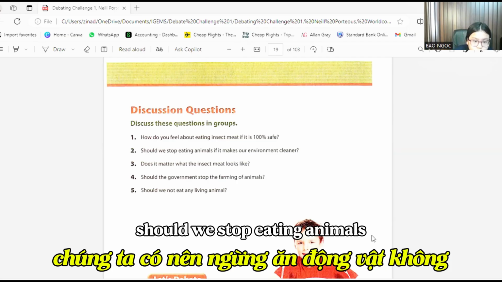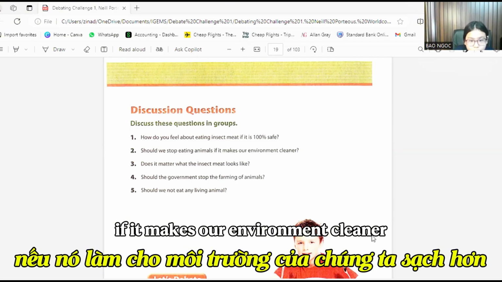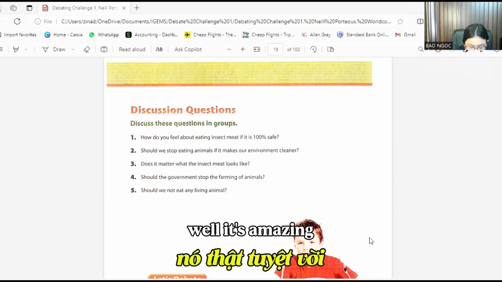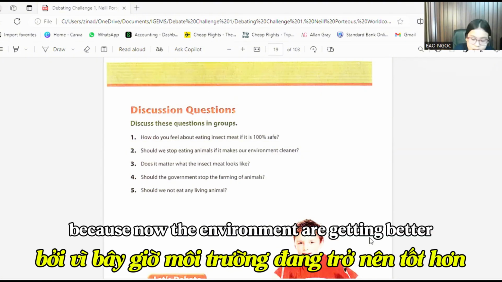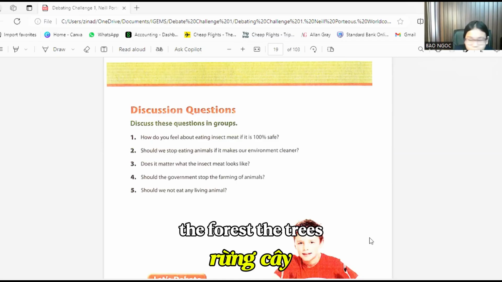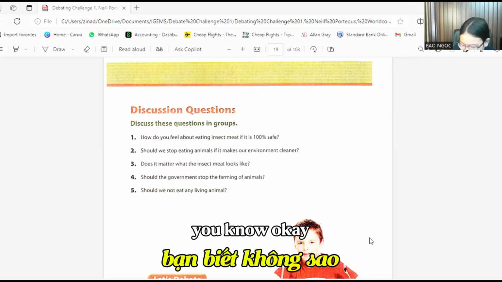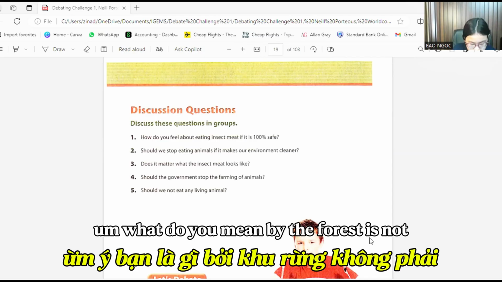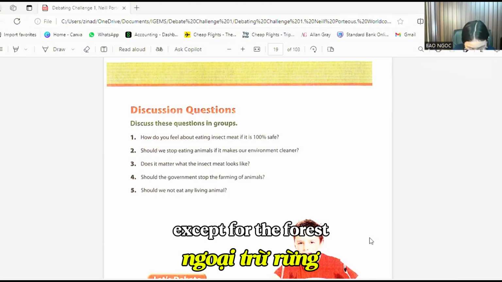Question 2. Should we stop eating animals if it makes our environment cleaner? Well, it's amazing because now the environment is getting better, except for the forest, the trees. Okay. What do you mean by except for the forest?